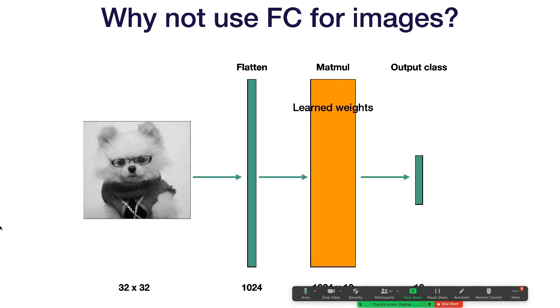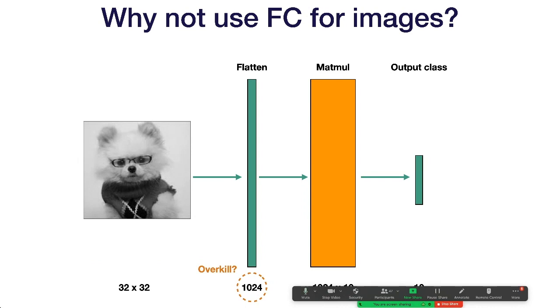If you increase it to 128 by 128, it'll go up by a factor of 16. And so the number of weights that you need to learn scales really poorly with the size of the image. And we want neural networks that we use for computer vision to be able to work well with larger images as well. So this is one issue with using fully connected networks for computer vision.